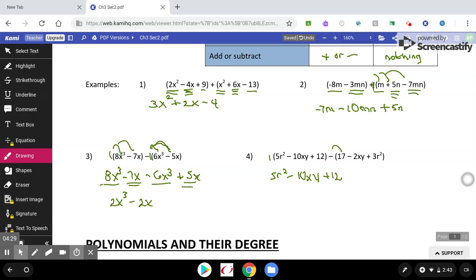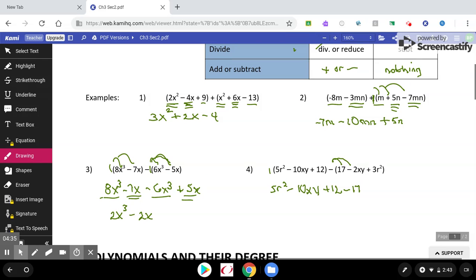So for a subtract problem, subtract 17, sure. What happens if you subtract a negative? Well, if I subtract a negative, that's like distributing a negative sign. He's going to become positive. And subtract the 3r squared. So if you think about the sign switch, that was a positive 17, now he's negative.